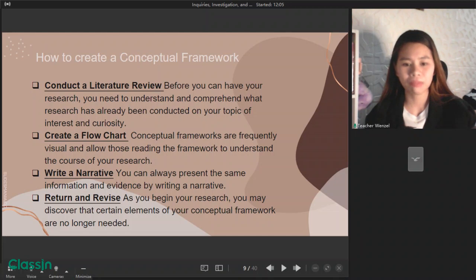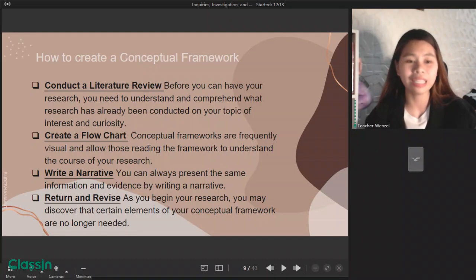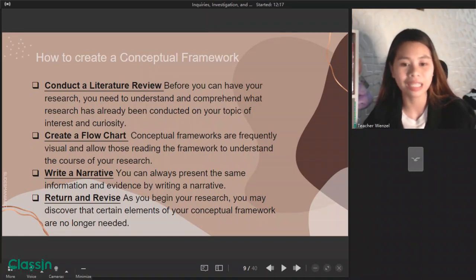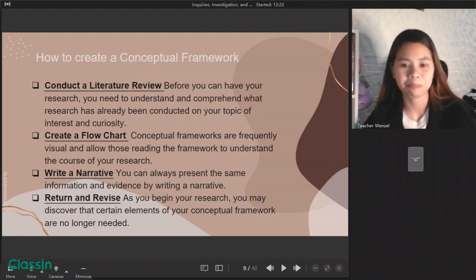You can always present the same information and evidence by writing a narrative. Your narrative should recap the variables and explain the basic methodology for your research.